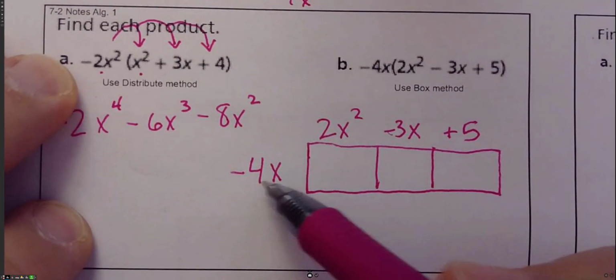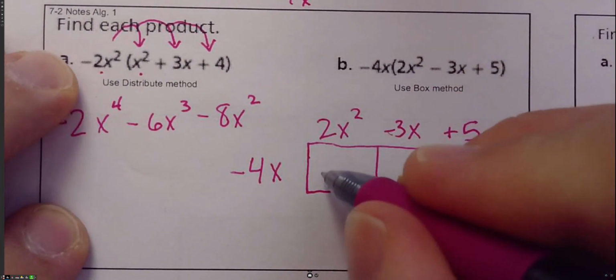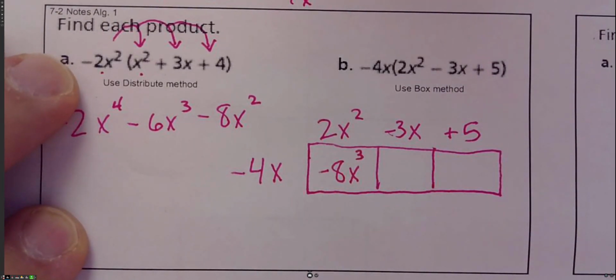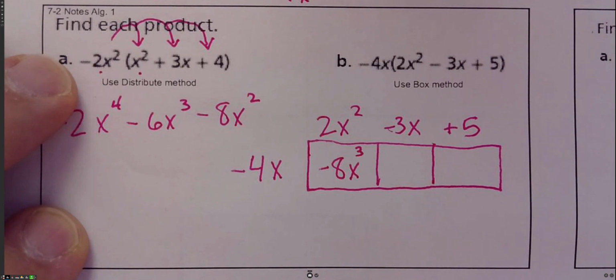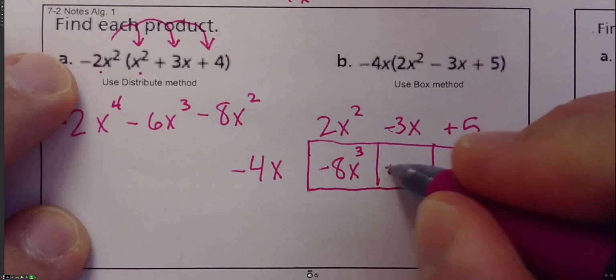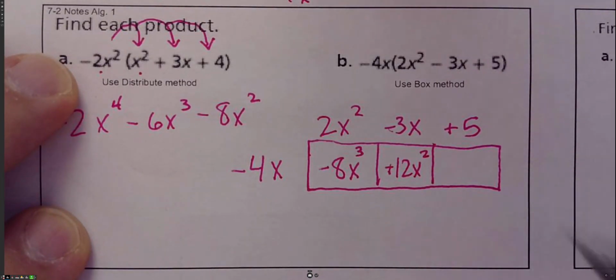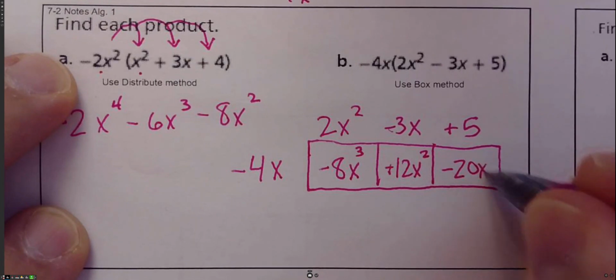So we have a negative 4x and a 2x squared. That's a negative 8x to the third. And then we get a positive 12x squared. And then we get a negative 20x.